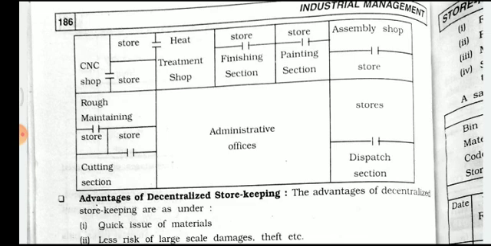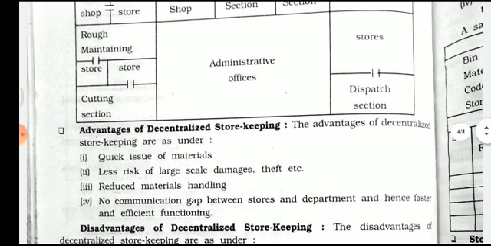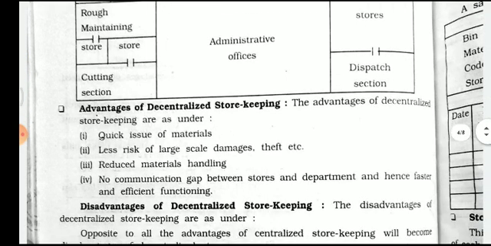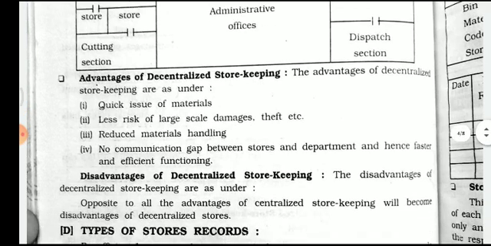Okay, so here is the decentralization. Now, advantages of decentralized storekeeping are as under: first, quick issue of material; second, less risk of large scale damages like theft, etc.